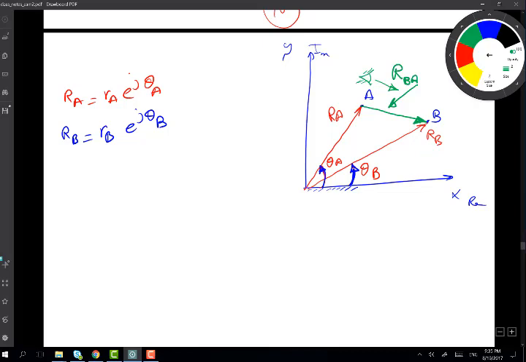All right. So now, what is the difference between RA and RB relative to A? Those other ones, I refer to them as absolute position vectors.